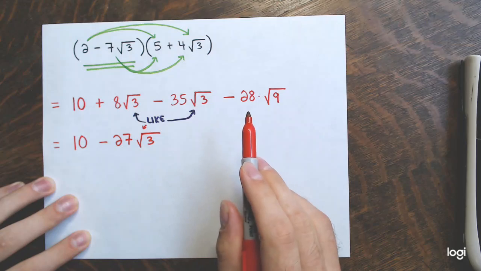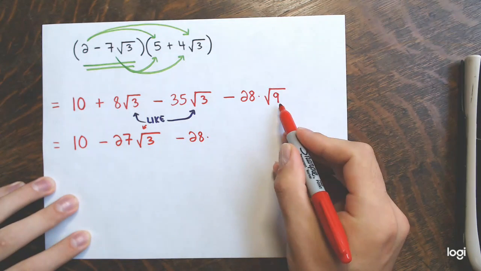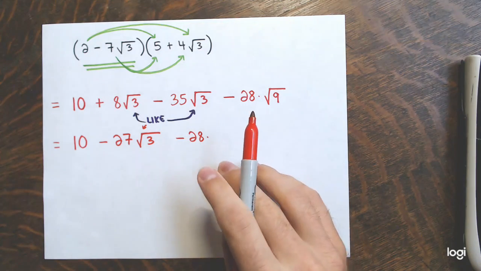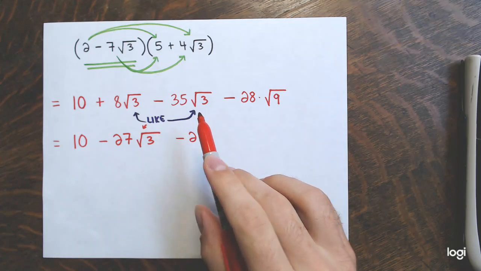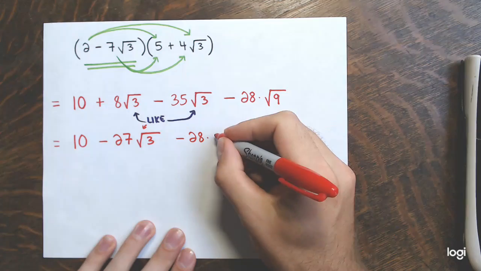And the last one is -28 times, and this is a radical I can simplify. You can't simplify the square root of 3. Right? There are no perfect squares other than 1 that go into 3 evenly. So square root of 3 is already simplified, but square root of 9, that's 3.